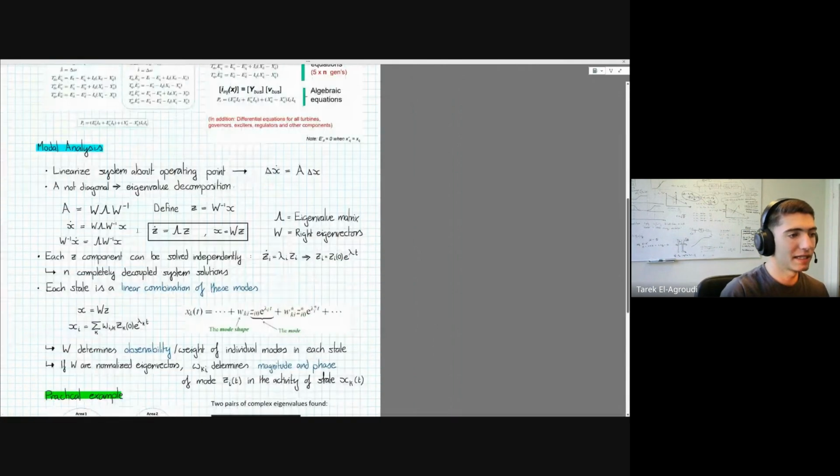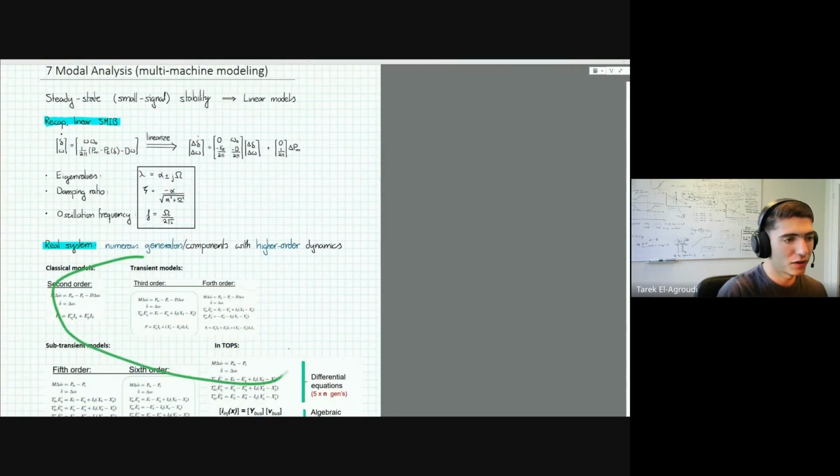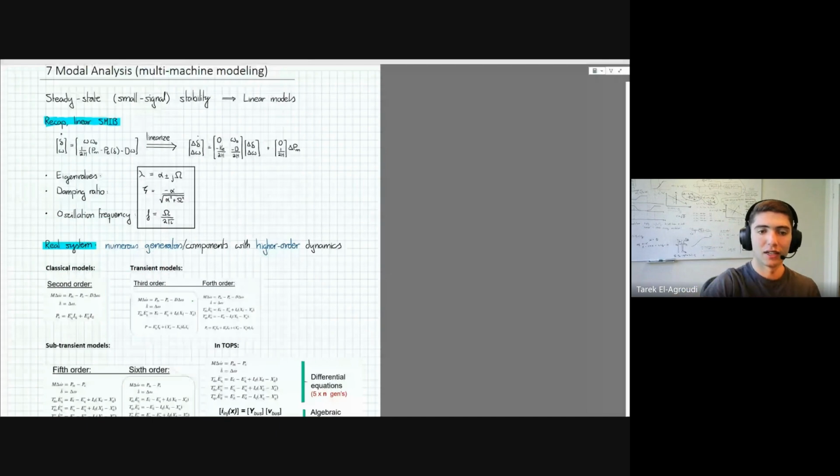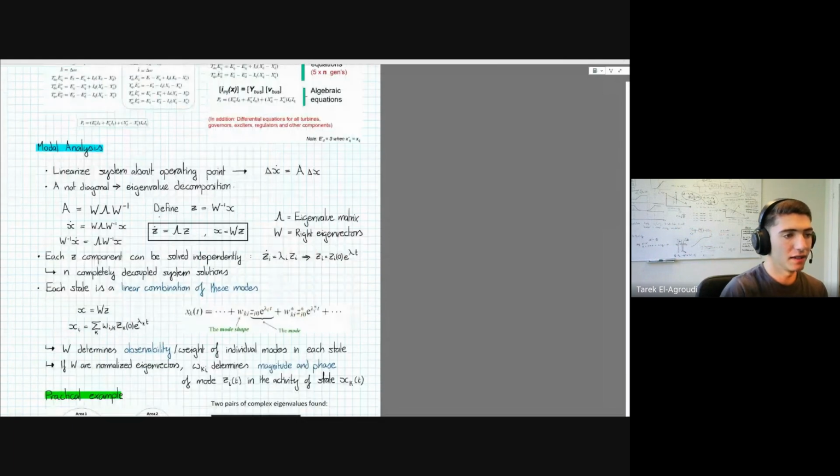You do that by, say you have maybe 30 generators, so 30 times maybe 3 if you use the third order model differential equations. So you have 90 states for the system, and so there's a big system matrix for the linear system. You can decompose that into the so-called eigenvalue decomposition.